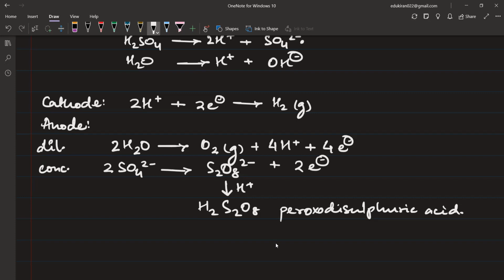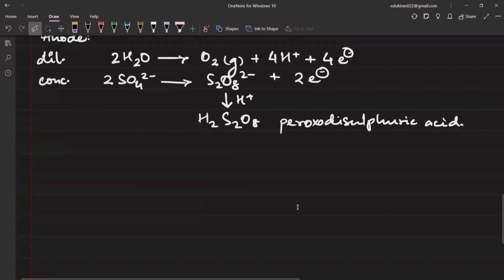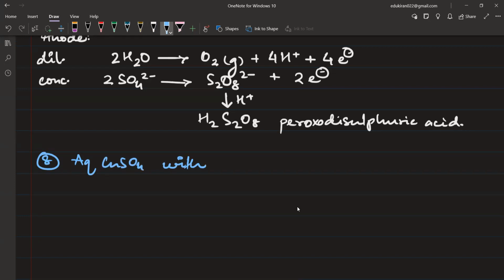Now we are going to look at active electrodes. What happens when we have an active electrode? The eighth one will be aqueous CuSO4 with copper electrode.